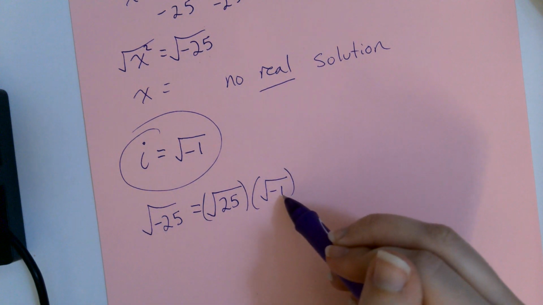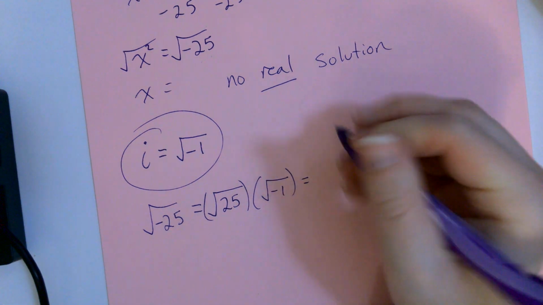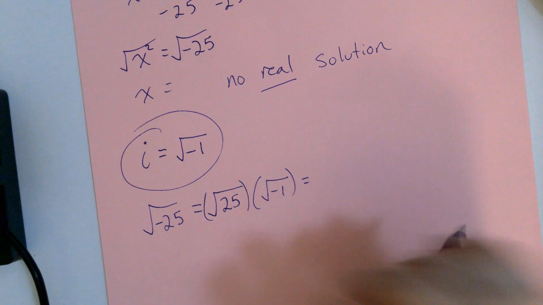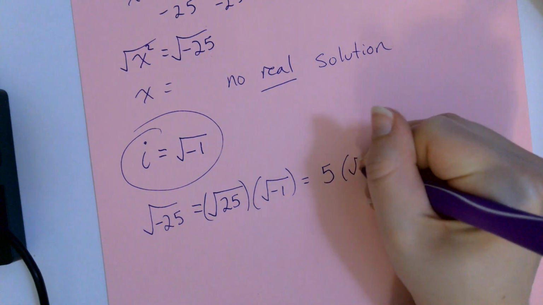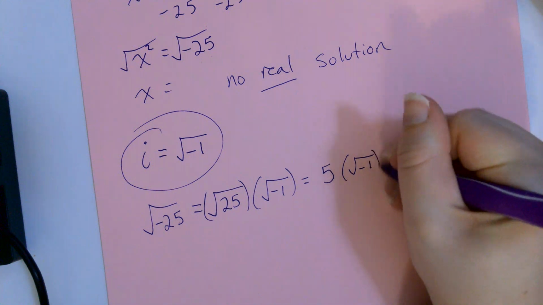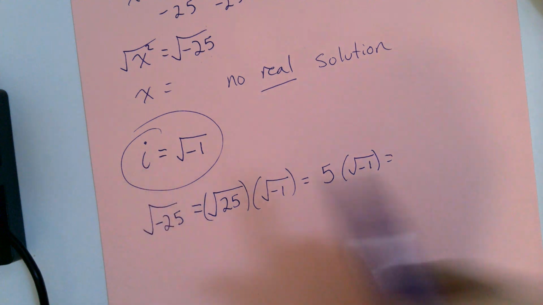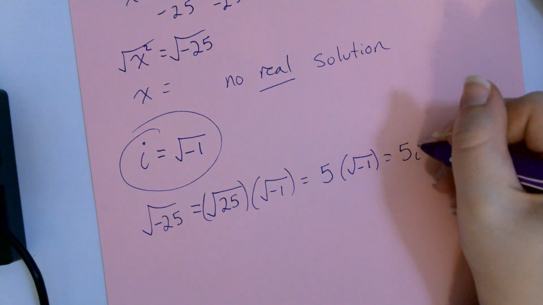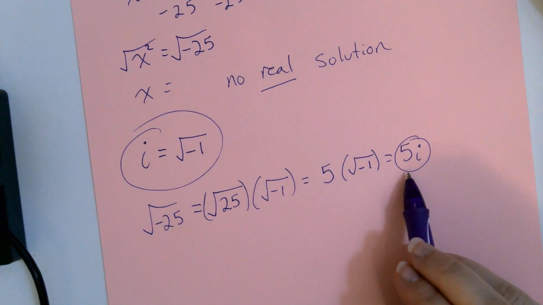So now, since we pulled that negative 1 out of the square root, we can write the square root of 25 is just 5. We have 5 times the square root of negative 1. And the square root of negative 1 we've defined as i. So we can write 5i. So the square root of negative 25 is the same as 5i.